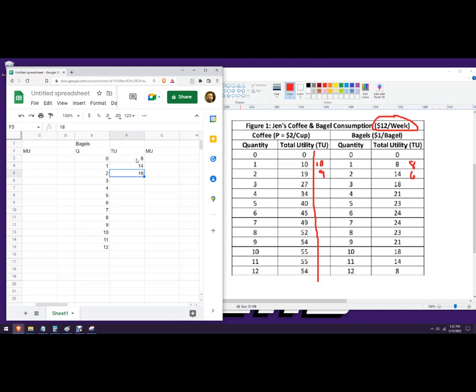It's already doing the calculation there, 18. Somewhere I went wrong because that one is 14, that's 18, 21, 23. All right, where did we go wrong? 14, 18, 21.